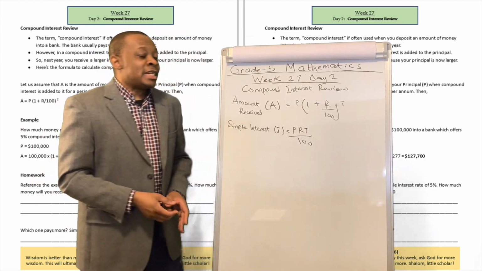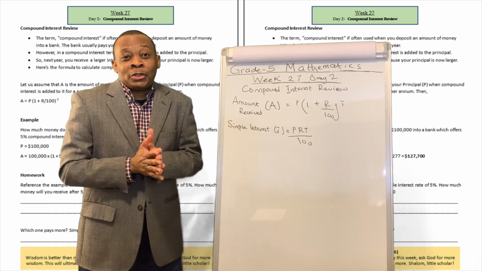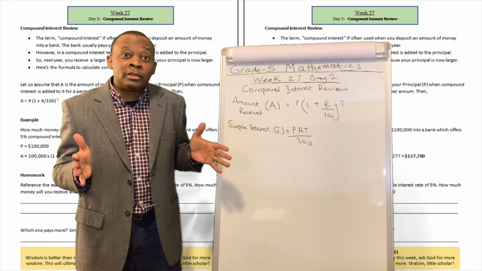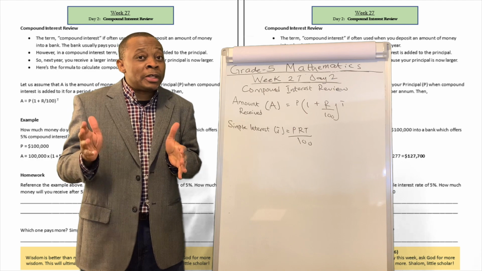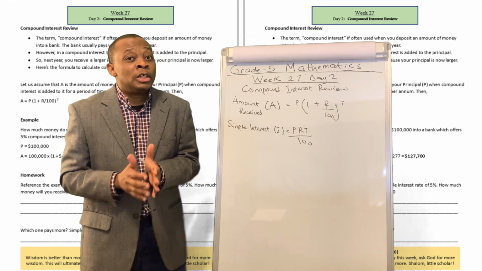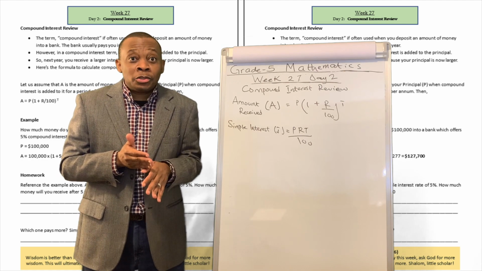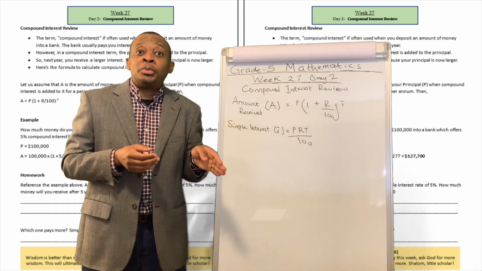All right, now compound interest is a little bit different. Assuming that after 1 year you earn maybe $1,000 of simple interest, in the compound interest situation, they add that $1,000 to your principal, and then they calculate the new interest for the subsequent year based on that new principal.